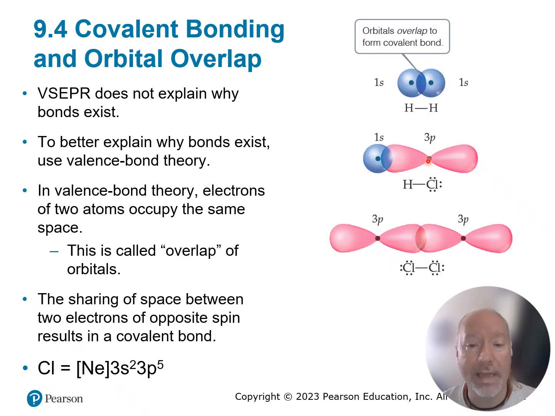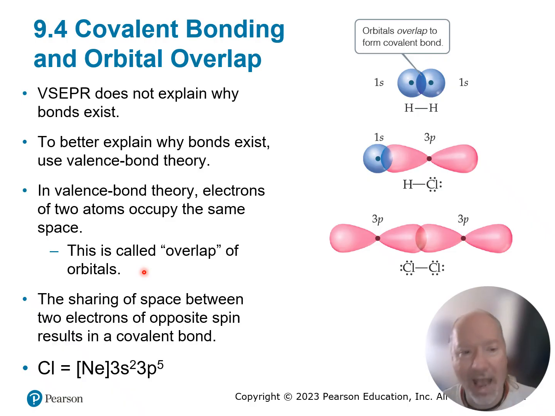We know that chlorine has a 3p orbital, and that has an available slot for an electron, and hydrogen would only have one electron, and it can share that electron with chlorine and help chlorine meet its octet rule. So we can look at it in that these two orbitals from each atom are coming together to form an overlap of orbitals, so to speak.